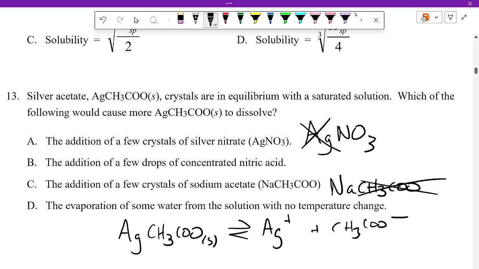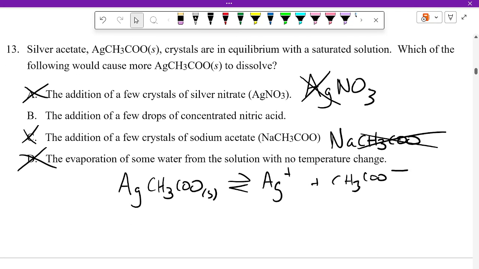It would cause the equilibrium to shift to the left. If we evaporate some water, will that cause more to dissolve? Do things dissolve in less water? No. So we've eliminated A, C, and D, so it must be B, but let's figure out why.